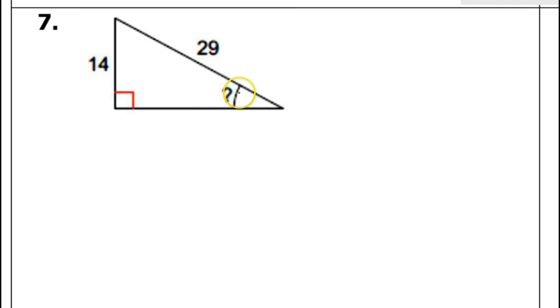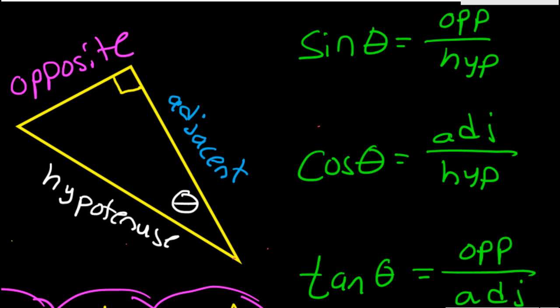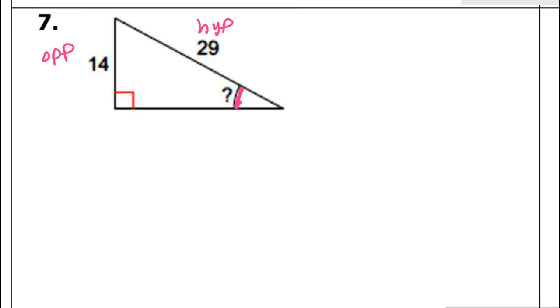All right, on number 7, we've got this angle, and we've got these two sides. The 29 is the hypotenuse, and the 14 is the opposite leg. Opposite means across from. Opposite and hypotenuse, that's the sine function, opposite over hypotenuse.